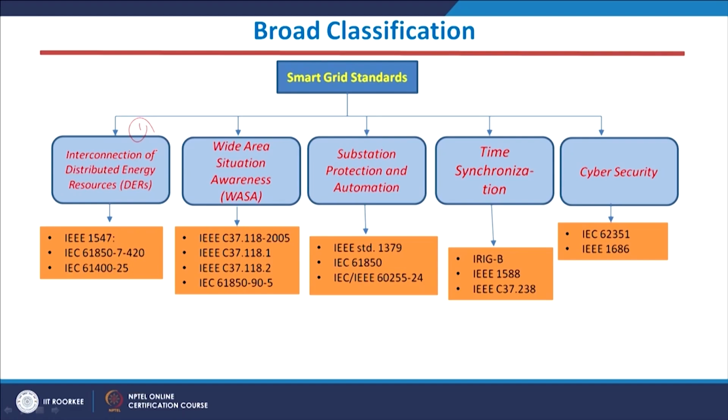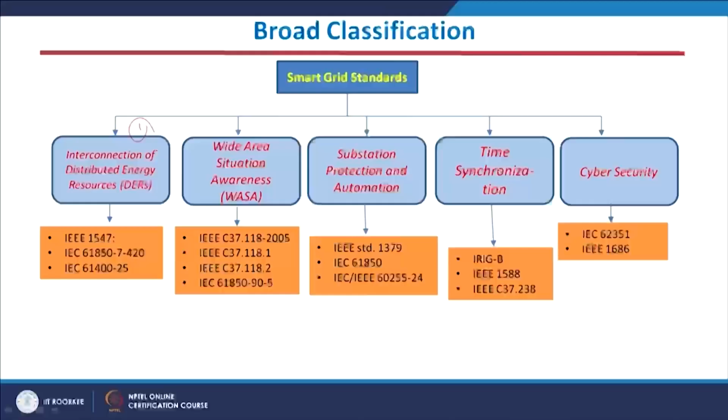In some papers, in some standards or booklets or books, it is referred to as distributed resources, or in some cases it is also written as distributed energy resources, does not matter, these two are equal, there is no difference. In my lecture I may also say DERs and sometimes DR also. So, this DER stands for distributed energy resources.